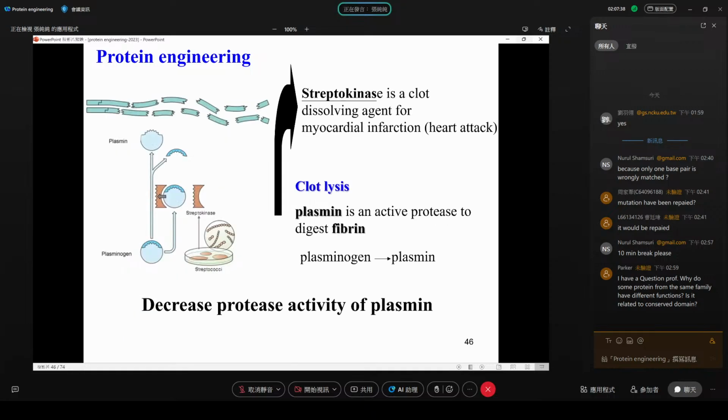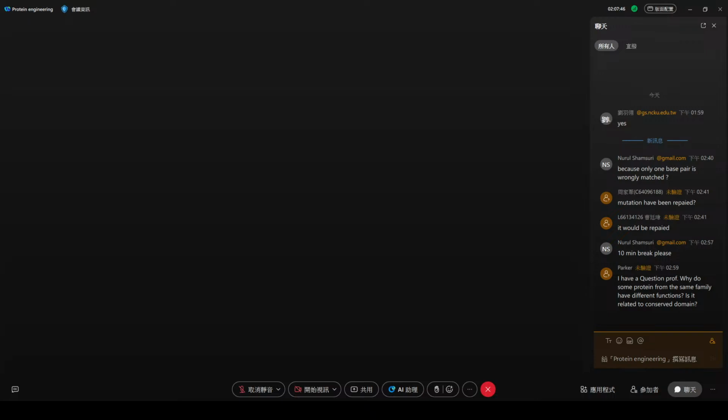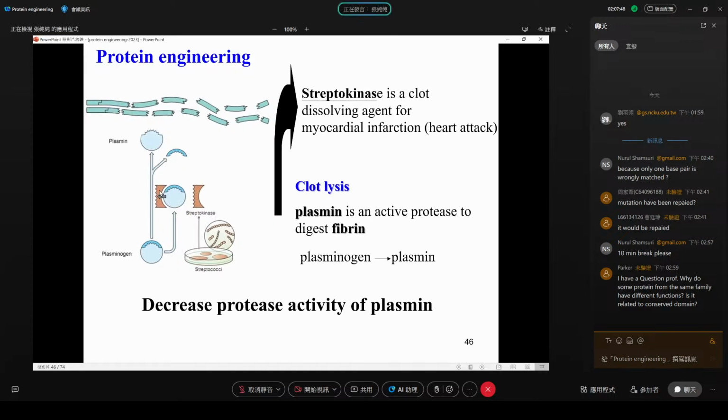In the old version, you see this problem after you inject: streptokinase activates plasminogen to become plasmin. That's also a protease, right? And plasmin will digest the fibrin. But very quickly plasmin will go back to digest streptokinase again. So it will become useless very quickly, maybe in 5 minutes. After 5 minutes, your drug becomes useless.